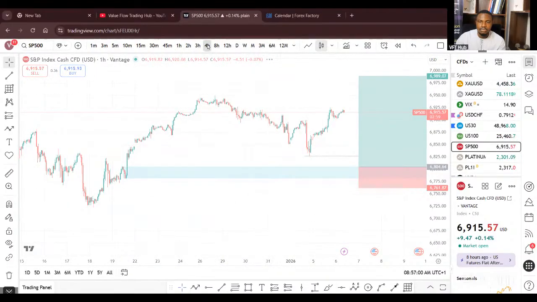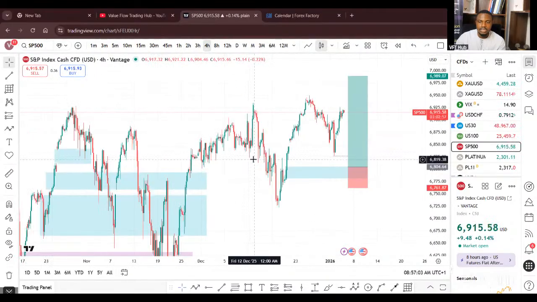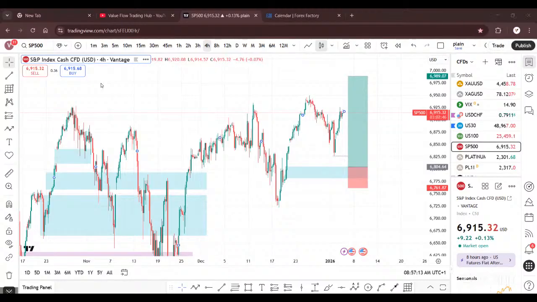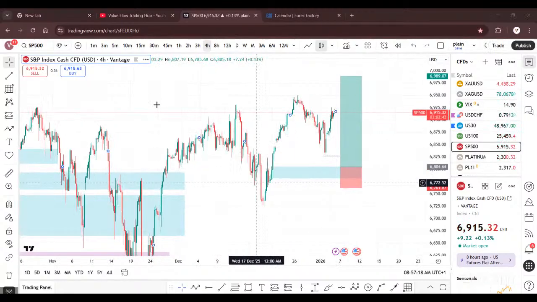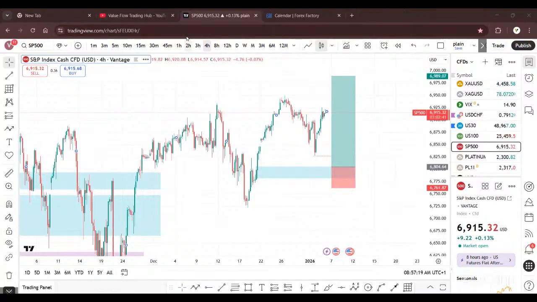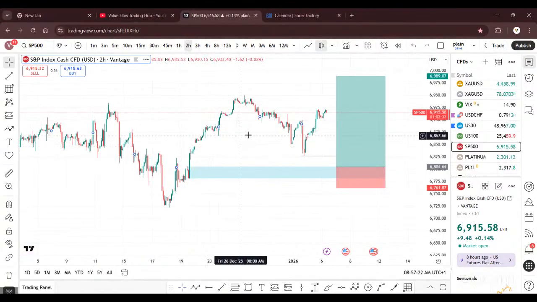So it makes sense for us to take a buy in the market. That's basically what we have going on today, except anything changes significantly.